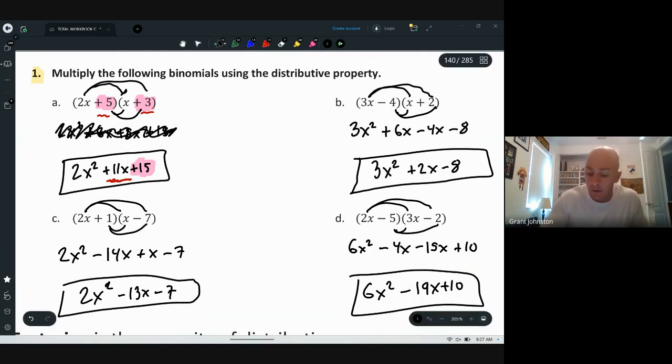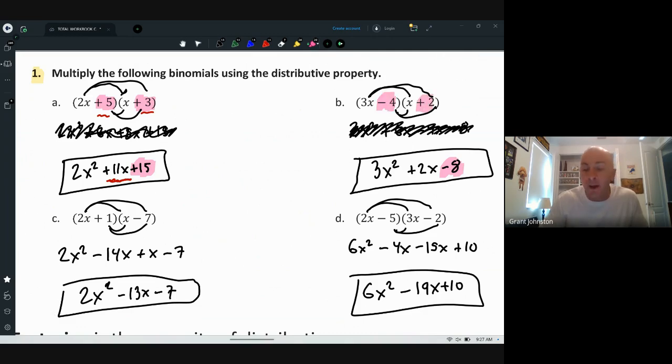Even on B, this negative 8 is the product of negative 4 and positive 2. Negative 4 times 2 is negative 8. But negative 4 plus 2, we don't have that relationship with this middle term. That is not the sum of negative 4 and 2. Negative 4 plus 2 is not equal to positive 2.